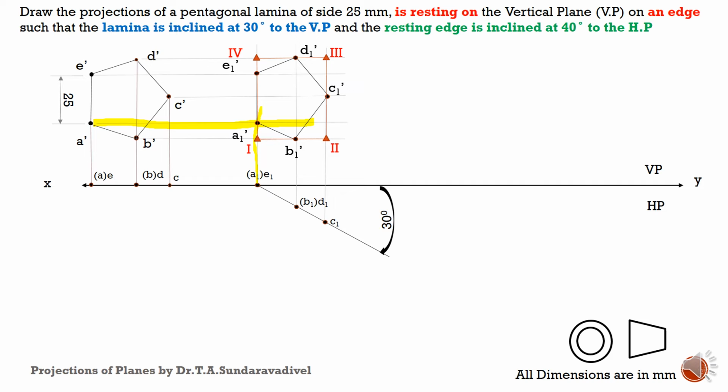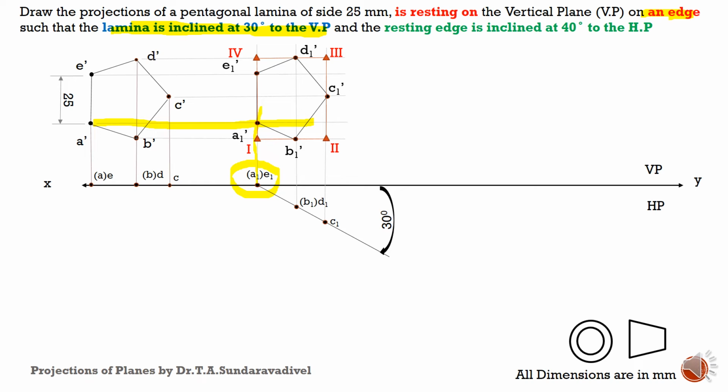So now I have solved for two conditions. One is lamina surface inclination, and the other is the resting condition. It is resting on an edge. From this point I can say that the lamina is resting on an edge. AE, 2 points, constitute an edge. So the lamina is touching VP on an edge.